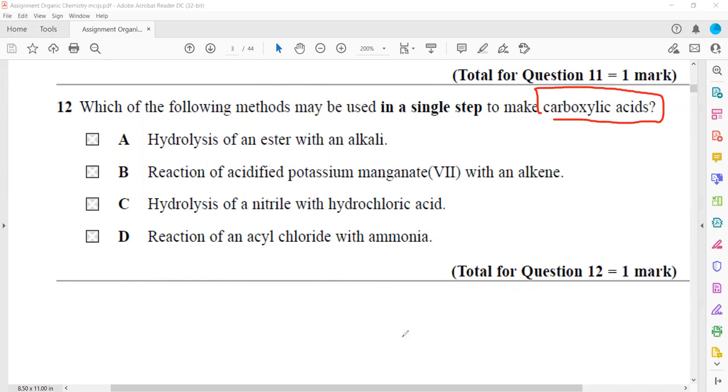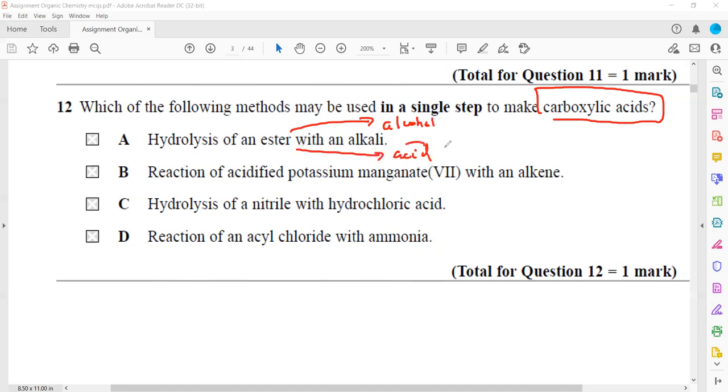So when we check the options, when we do hydrolysis of the ester, the product will be alcohol and acid.